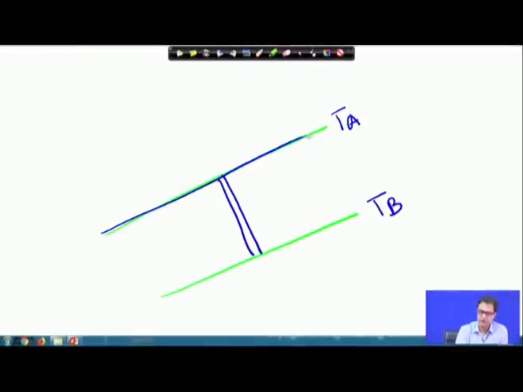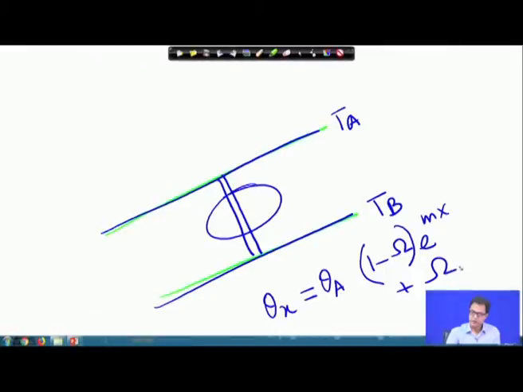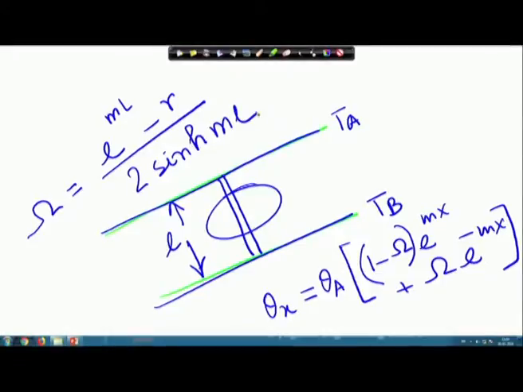We were able to find the temperature profile for that fin, and theta x was obtained as theta a multiplied by 1 minus omega, e to the power m x, plus omega into e to the power minus m x, where omega is equal to e to the power m l minus r, where L is the length of this fin, and in the denominator we have sinh m l, and r is nothing but theta b by theta a.